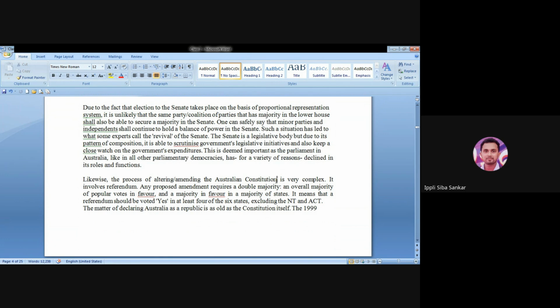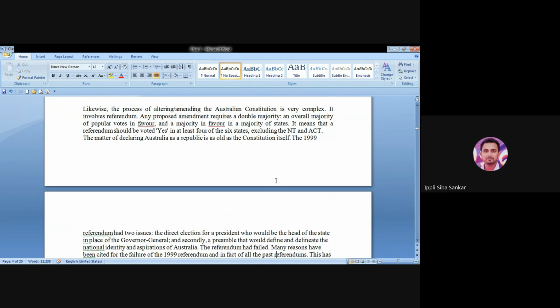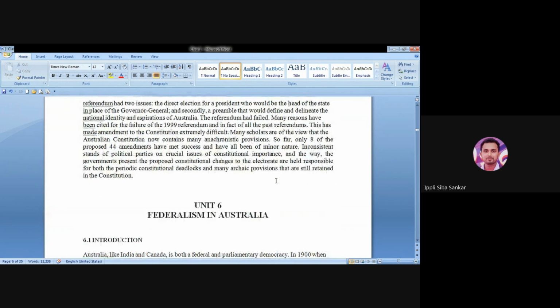In 1999, the referendum had two issues: first, the direct election of a president who would be the head of state in place of the governor general, and secondly, a preamble that would define and declare the national identity and aspirations of Australia.